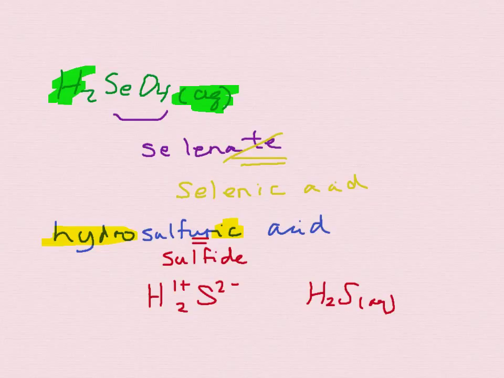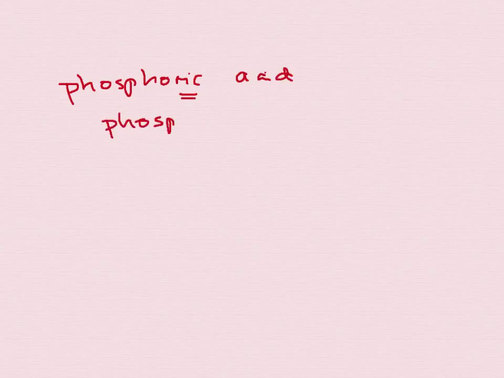Couple more. How about this one? Phosphoric acid. So phosphoric acid should scream at you. An ic ending means it had to have been an ATE. Phosphate is a very common ion. Remember the OR and the EUR of sulfur come in and out depending on the pronunciation.